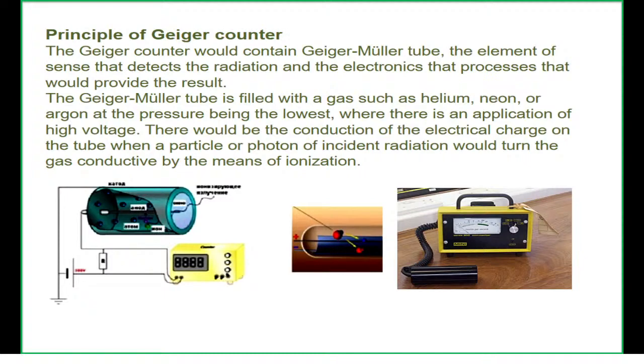And this reading shows not only the presence but also, with the electronics, the intensity of the radiation. The larger the current, the more intense the radiation present in the surrounding.